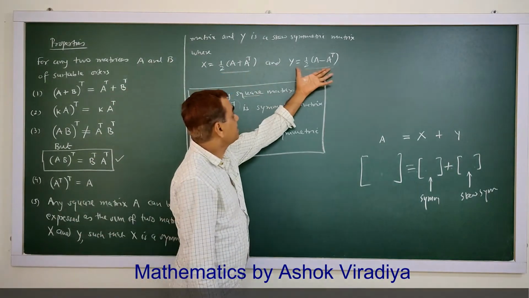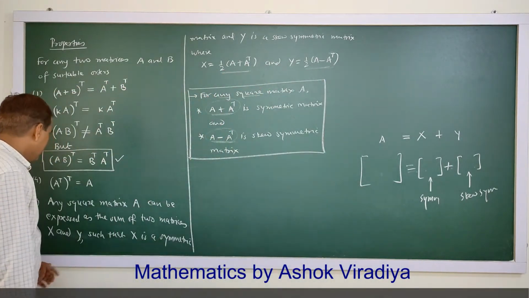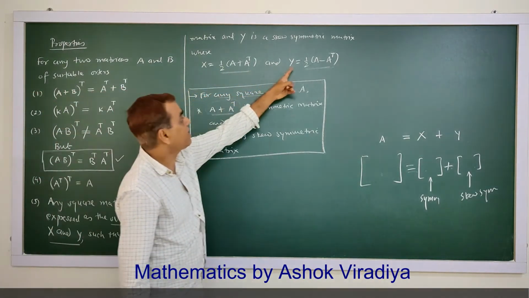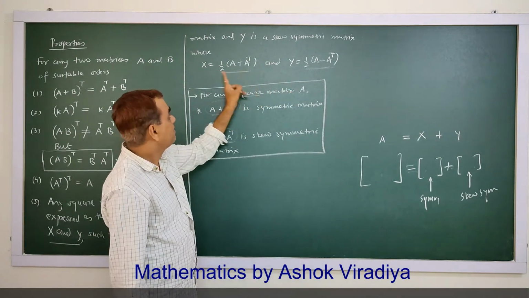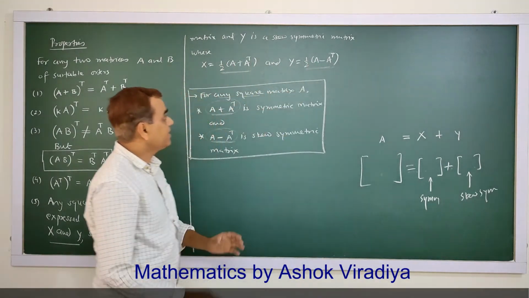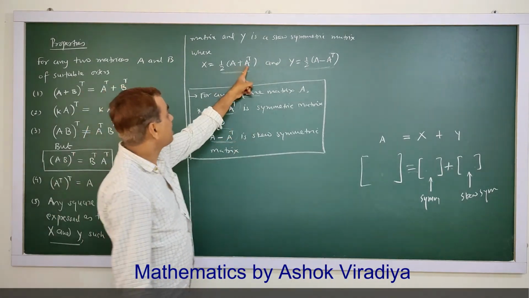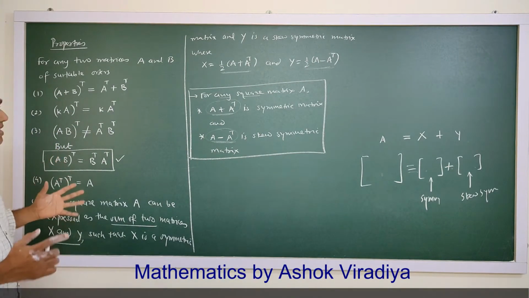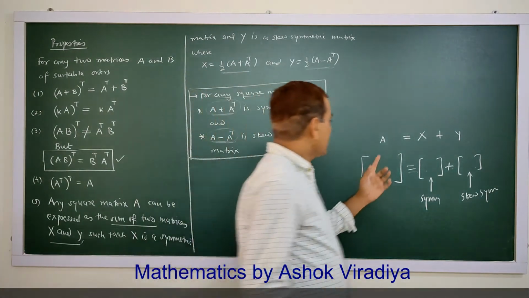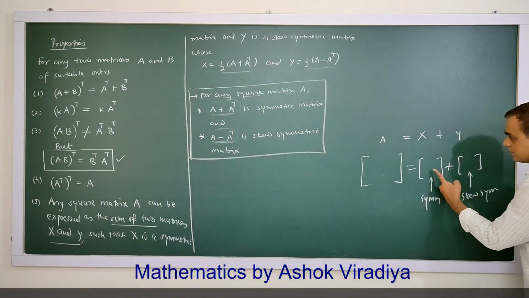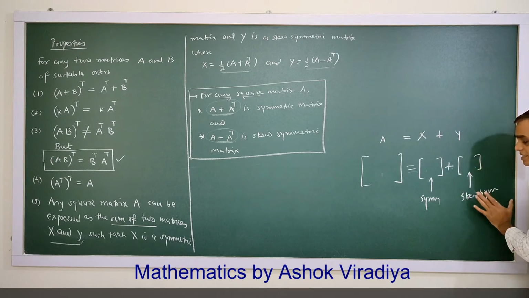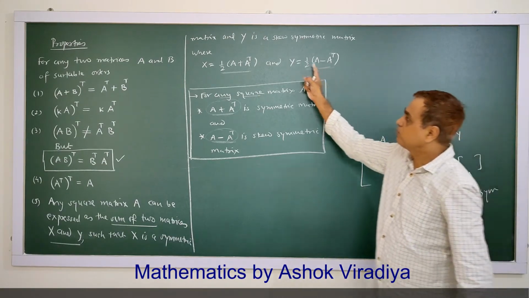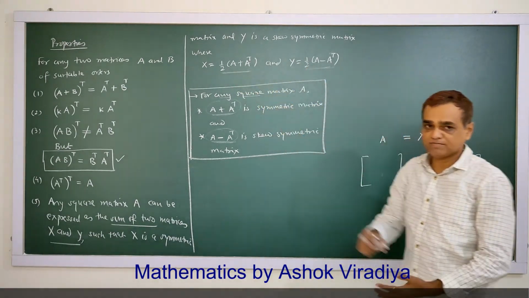If you take the sum of x and y, 1 by 2 times A plus 1 by 2 times A will be equal to A, because this part will be cancelled. So any matrix can be expressed as the sum of two matrices such that one matrix is symmetric and another matrix is skew symmetric, and these matrices x and y can be computed by this formula.